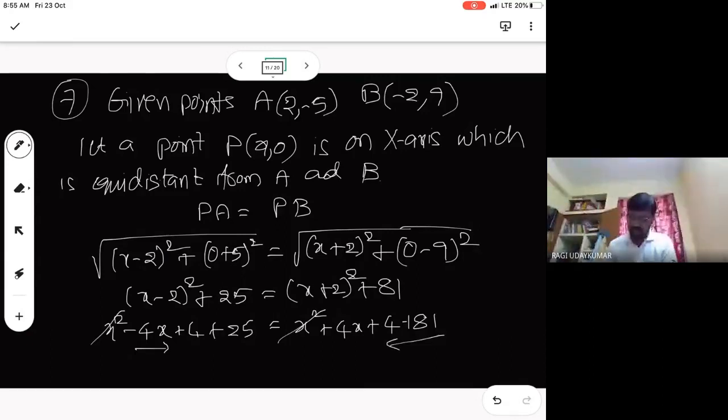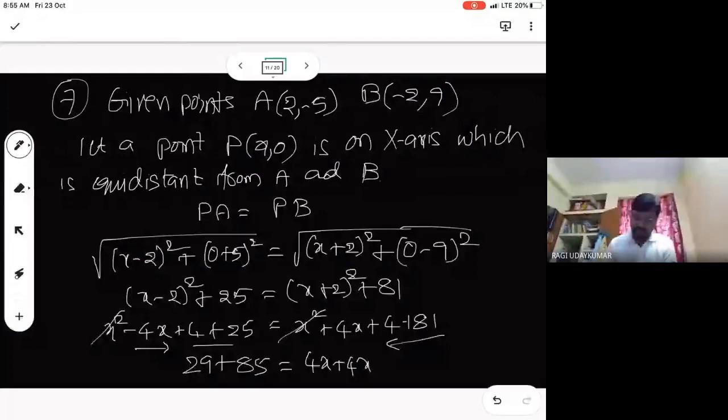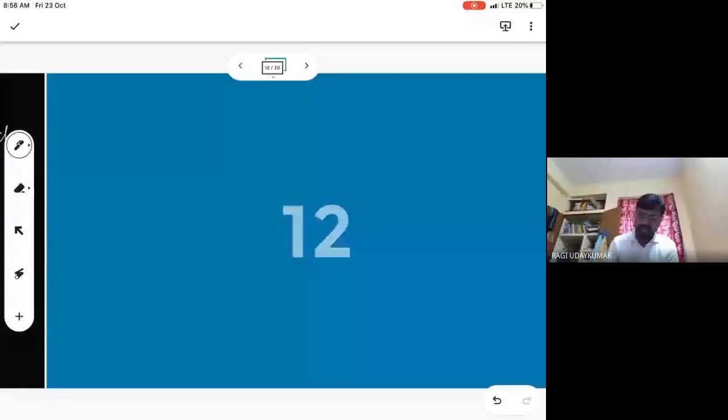So what do you get here? 29 हो गई, 29 plus 85 is equals to 4x plus 4x. 29 plus 85 कितना? 9 plus 5 is 14, 114 आएगा. So 8x is equals to 114.